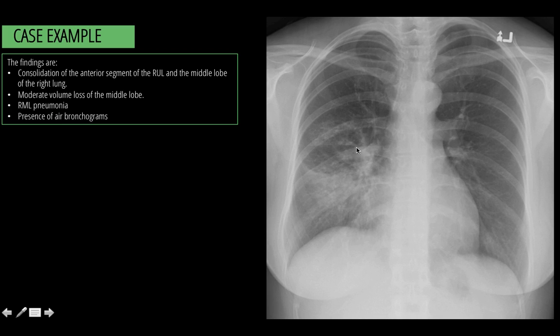And accordingly, we can see that the consolidation is actually extending onto the anterior segment. So you would say that this patient has right middle lobe pneumonia. We can also see there's some moderate volume loss in the middle lobe, and we have consolidation of the right upper lobe. Also in the space, we can see the presence of air bronchograms, which confirms consolidation.